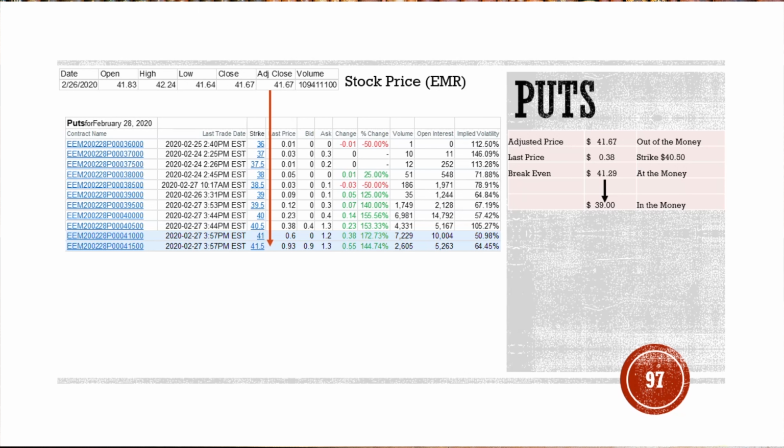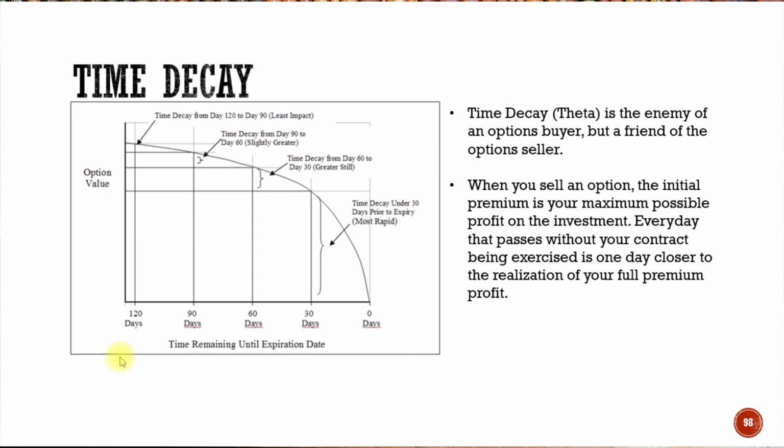So when you enter into a put and call contract, you need to do your research so you know what you're actually putting at risk. Now, for any period of time when you go into an option trade, for whoever is selling the call or put option, time is their friend.